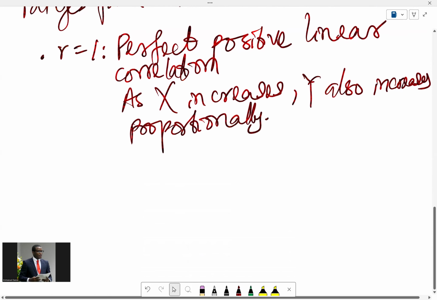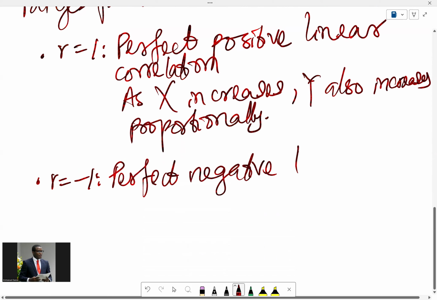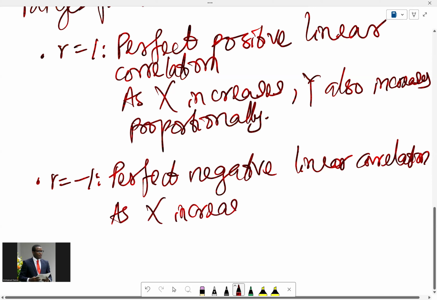Then we also have R equals -1, which tells us about perfect negative linear correlation. So here, as X increases, Y decreases proportionally.